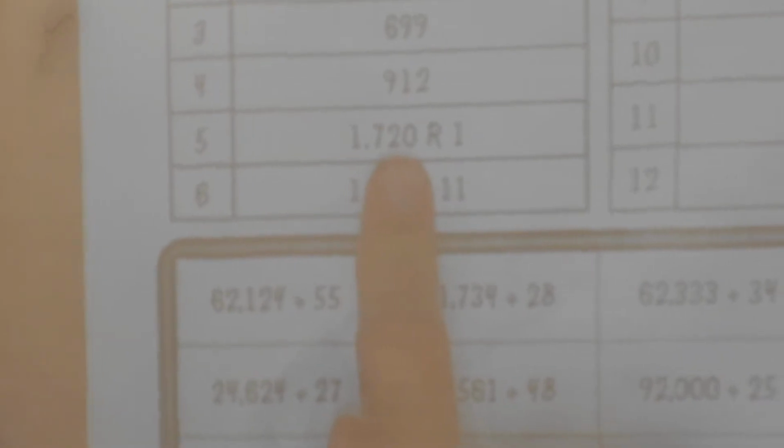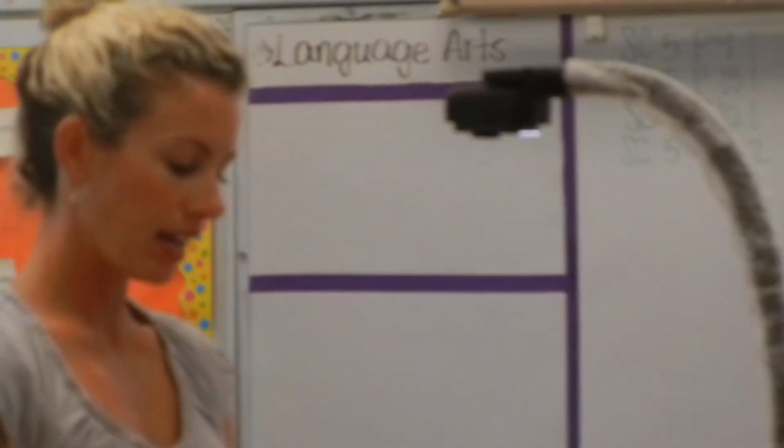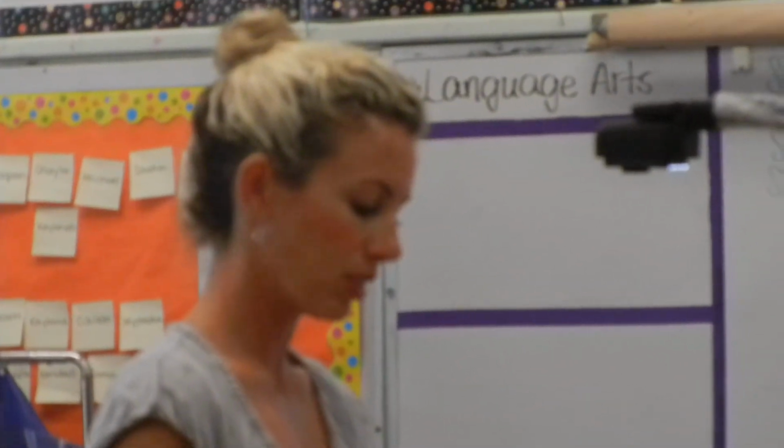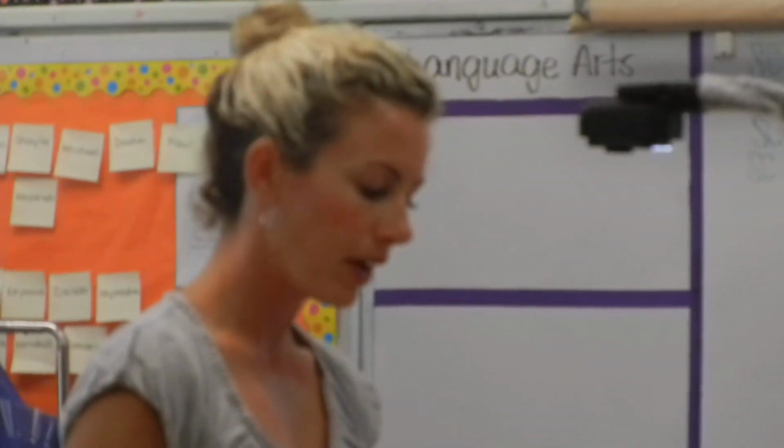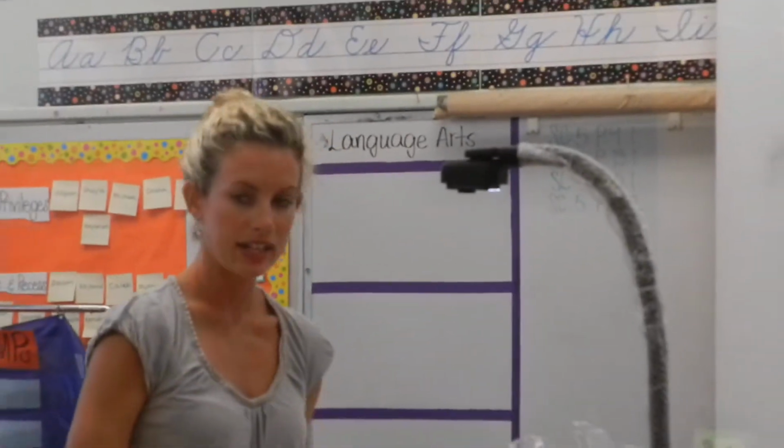Once I find whatever division problem it is, let's say it's that, I cover it, okay? The first person to get 4 in a row, this way, or diagonally, wins this one.